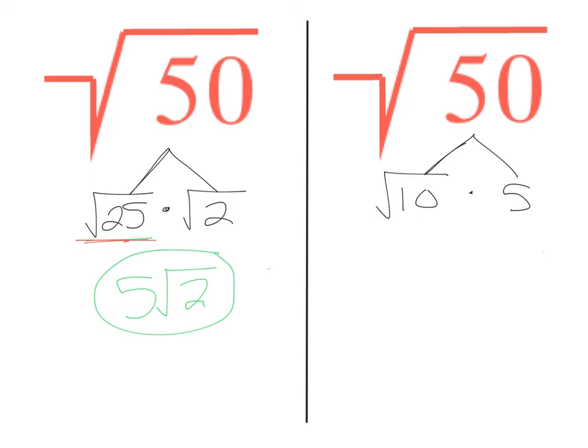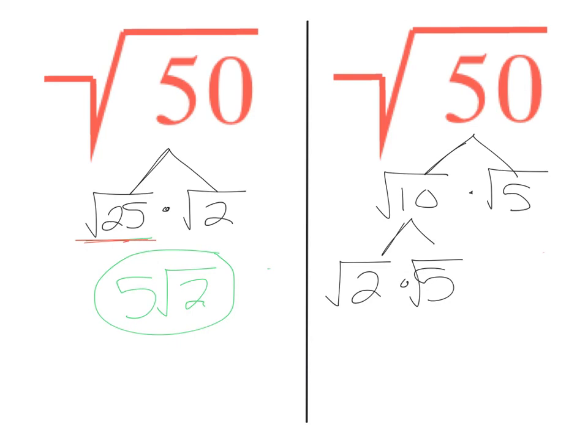So the square root of 10 times the square root of 5 gives me 50. 10 can still be broken down into 2 times 5. 2, 5, and our other 5 over there on the side are all prime numbers. Once you've simplified it down to all of your prime numbers, that's how you know that you've reached the end of your simplification.